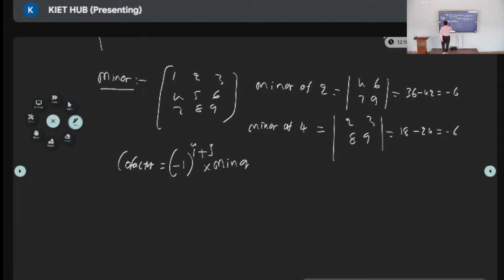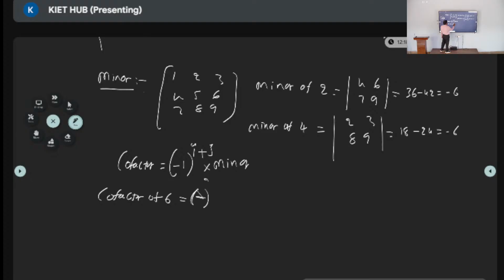Let us take the cofactor of the 6. Tell me, what is the cofactor of the 6? The 6 belongs to which row?